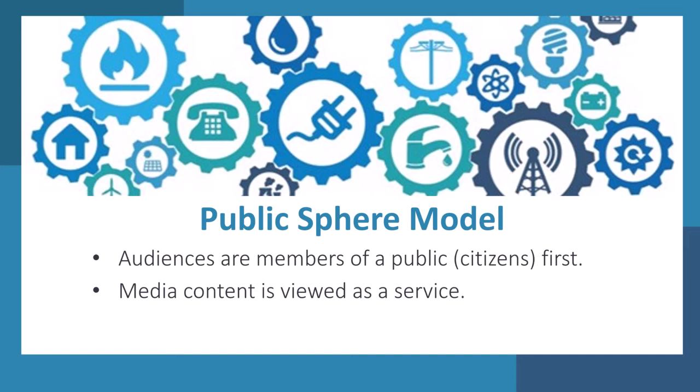So in the market orientation, the consumers are buying a product, which is the media content. In the public sphere model, the consumer is the public again, but this time what is provided is a service rather than something that we consume for its value.